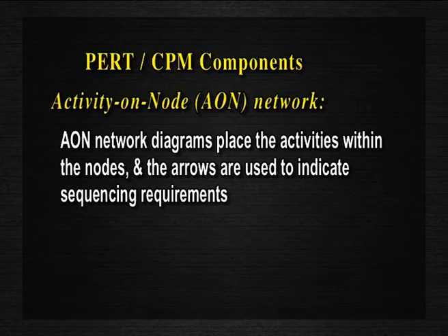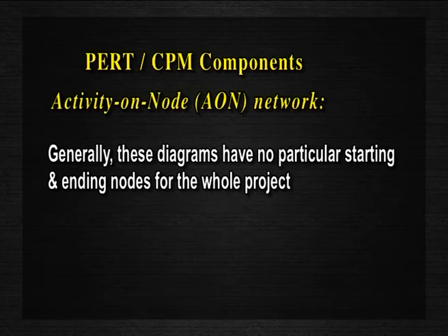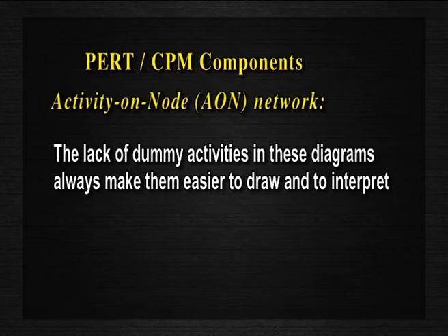AON network diagrams place the activities within the nodes and the arrows are used to indicate sequencing requirements. Generally, these diagrams have no particular starting and ending nodes for the whole project. The lack of dummy activities in these diagrams always makes them easier to draw and to interpret.